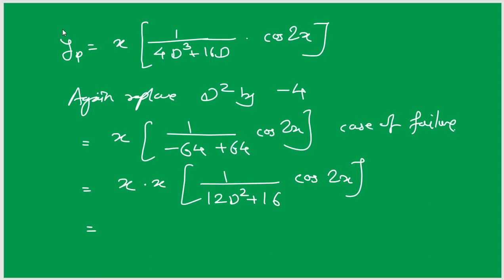So this is x² times 1 upon, now we can replace D² by -4 again, so this will be 12 into -4 + 16 operates on cos 2x, which is x² divided by -48 + 16.